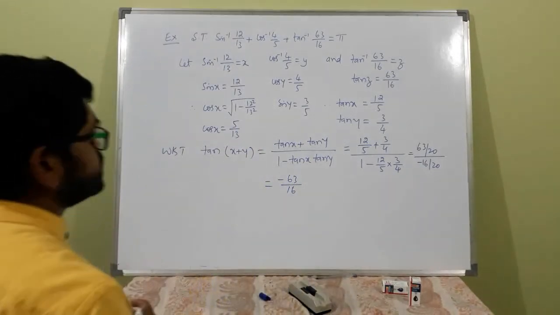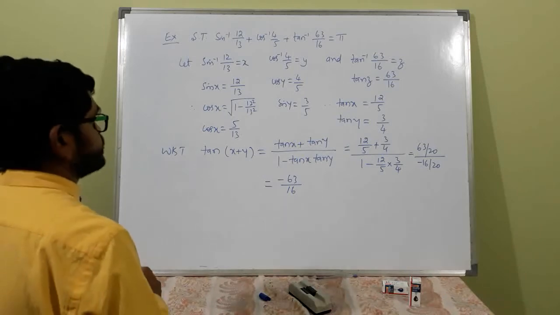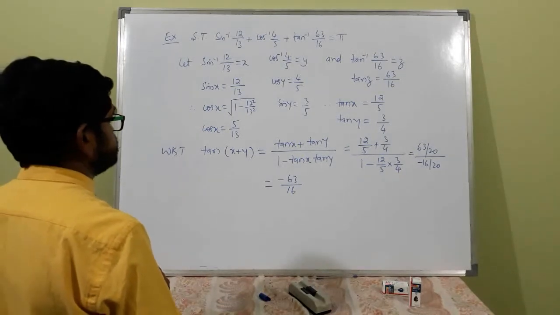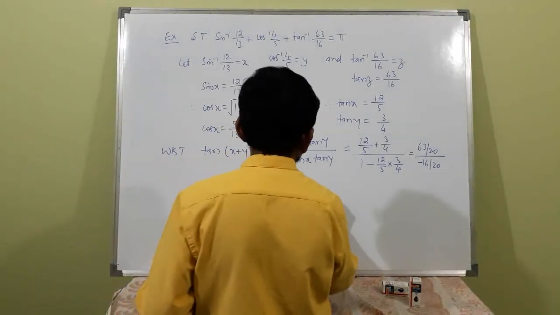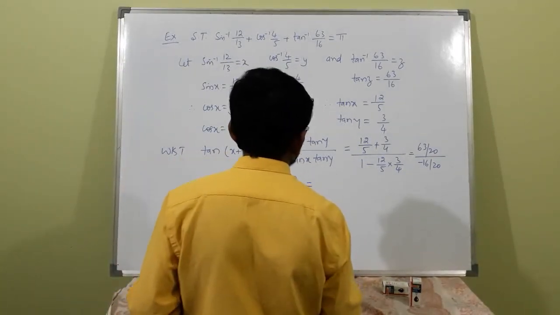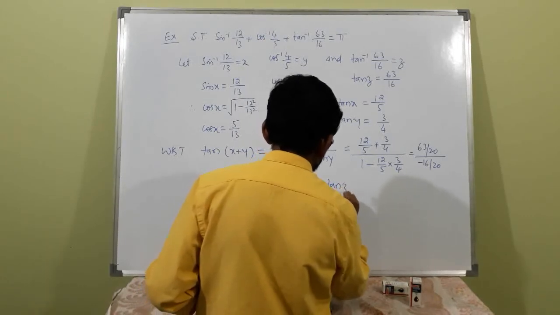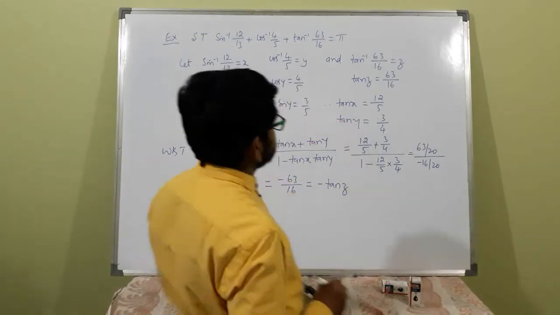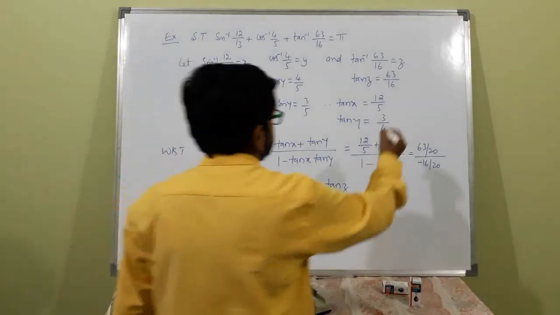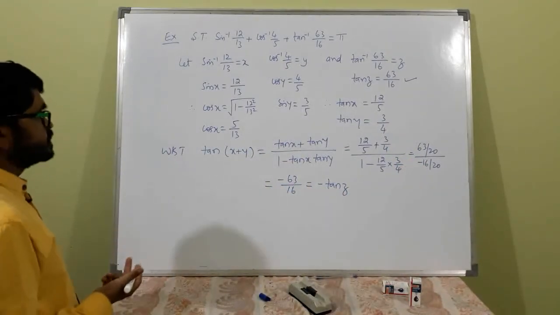Tan of x plus y is minus 63 by 16. This is equal to minus tan z, because tan z is equal to 63 by 16. Minus 63 by 16 means minus tan z.